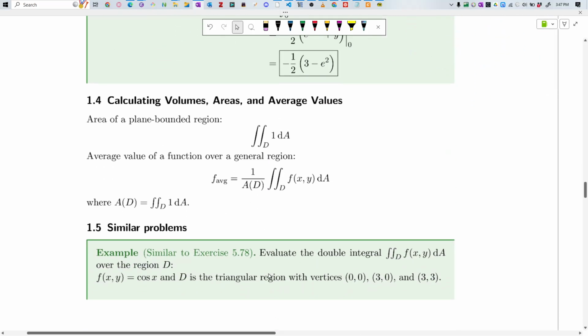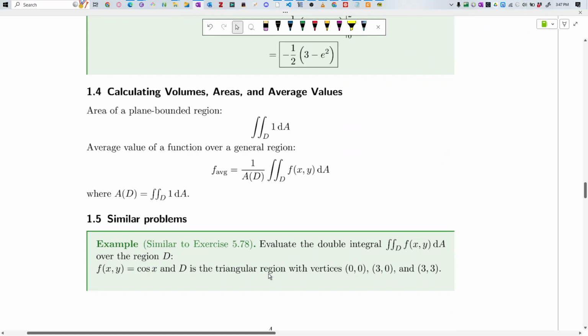Okay, and then last topic, I believe, before the similar problems. This is basically a carryover from the rectangular regions stuff. So area can be measured by a double integral over your region if you integrate the function 1 over the region D. And the average value, right?